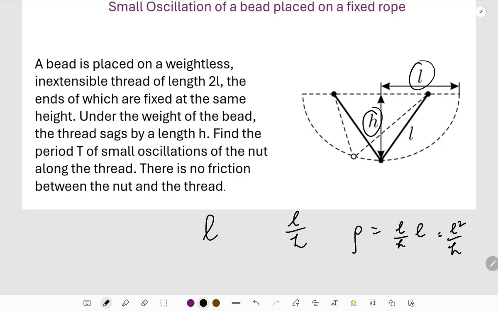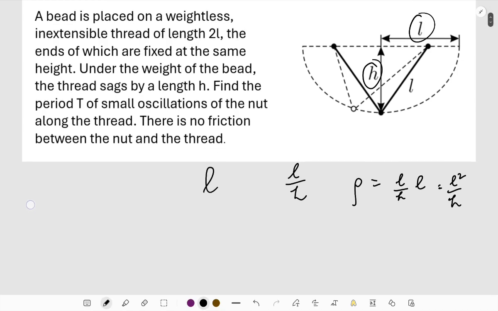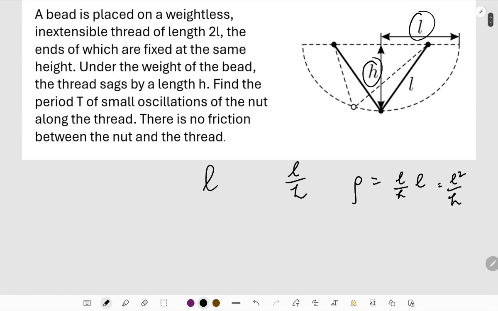And at small amplitudes of oscillation, this bead moves in the same way as a simple pendulum of length rho, and we know that this is a simple pendulum.